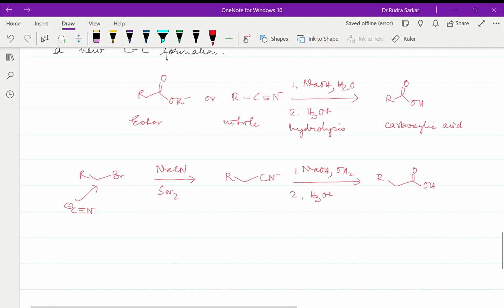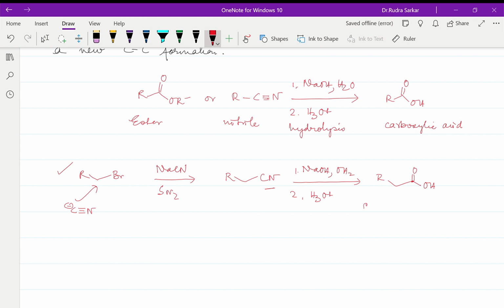Interesting to note over here is that we have started with a lower alkane, and once the hydrolysis of this CN is done, the carbon count of the final molecule has increased by 1 unit.